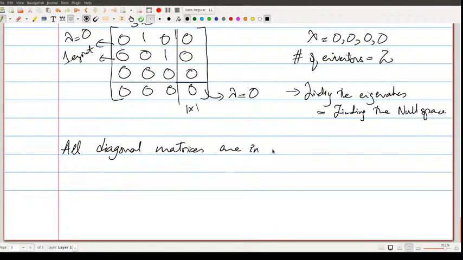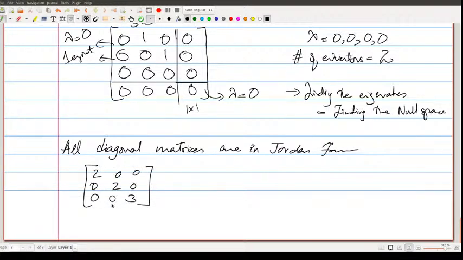are in Jordan form. For example, if I have a matrix like 2, 2, 3, then this matrix is in a Jordan form because it contains three different Jordan blocks. This one, and this one, right? And you can see that it has three independent eigenvectors as well, which are just 1, 0, 0, 0, 1, 0, and 0, 0, 1, right?